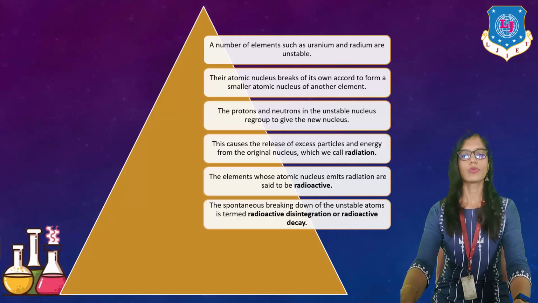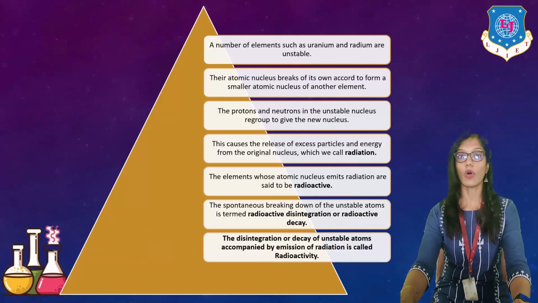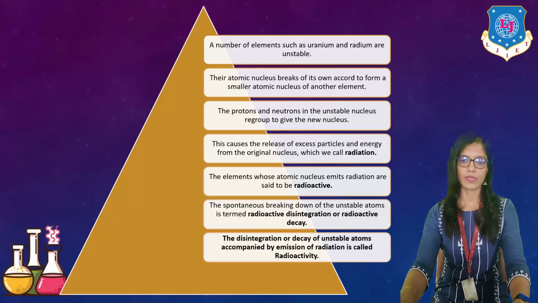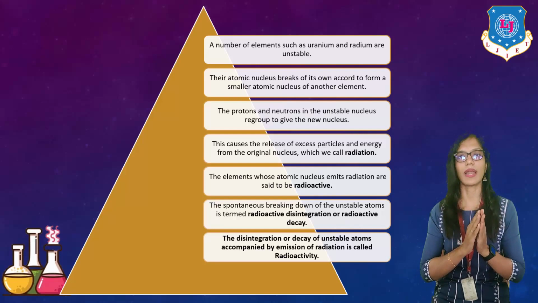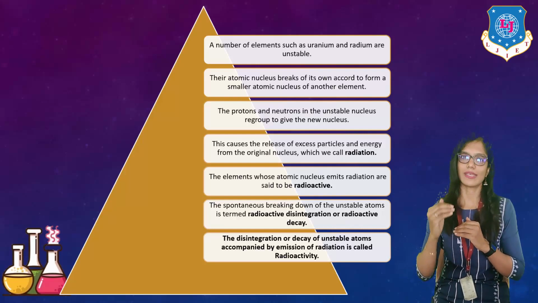So the disintegration or decay of unstable atoms accompanied by emission of radiation is called radioactivity. Fine? In that decay of unstable atoms, the unstable atoms remove the excess protons and excess neutrons.